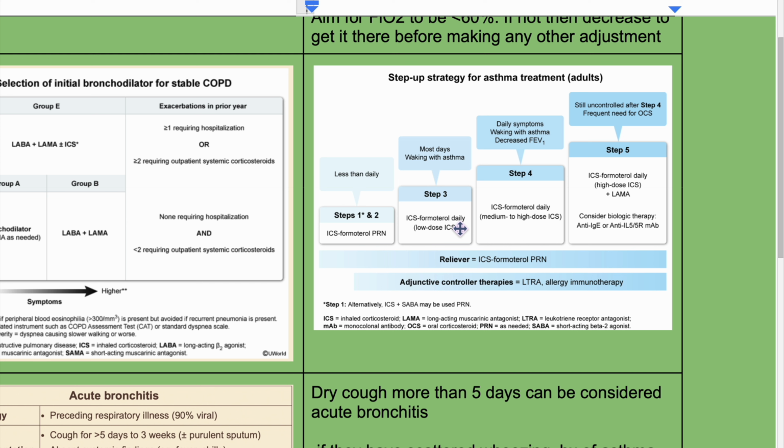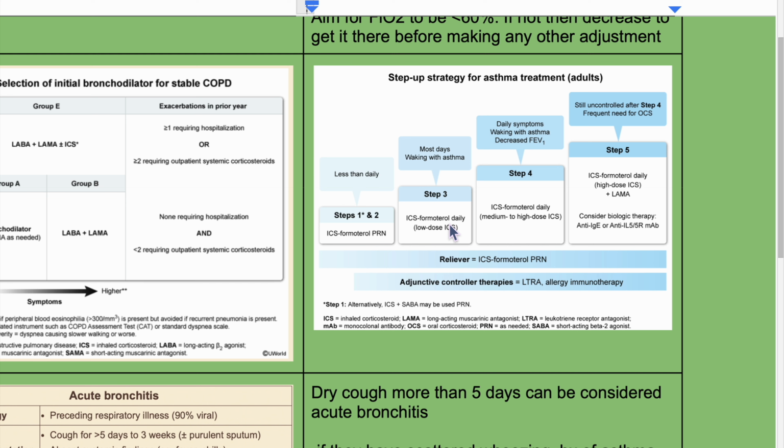Formoterol is your long-acting beta 2 agonist. So here you're going to give low-dose ICS. Most days waking up with asthma. So that's where you give step 3.